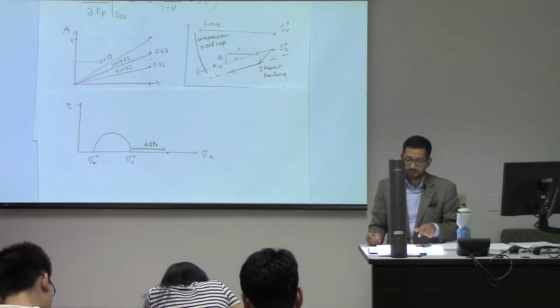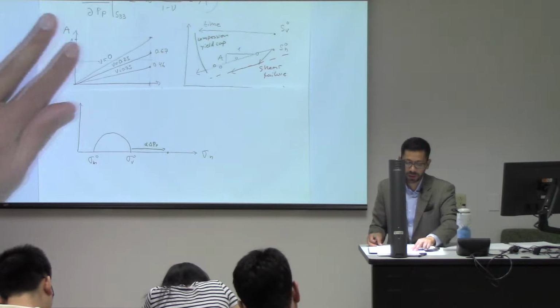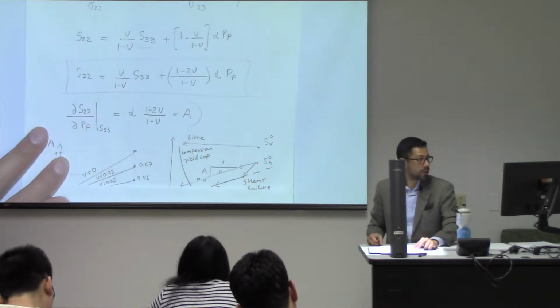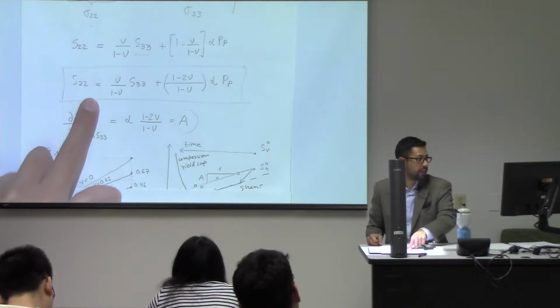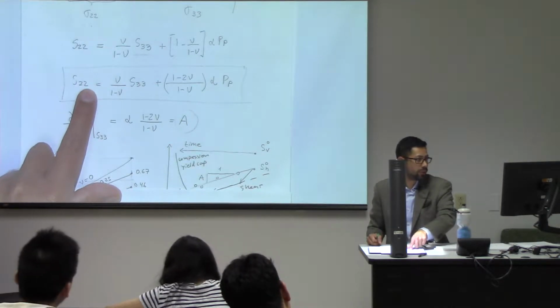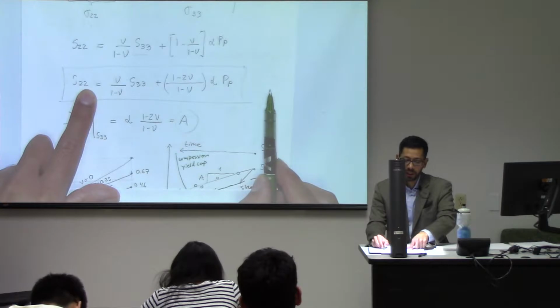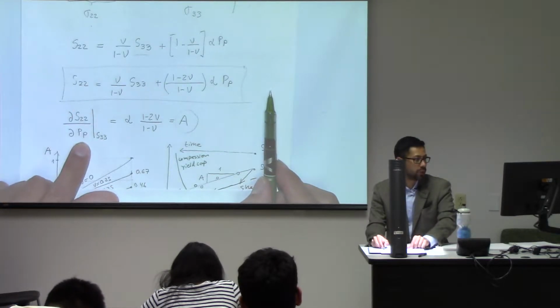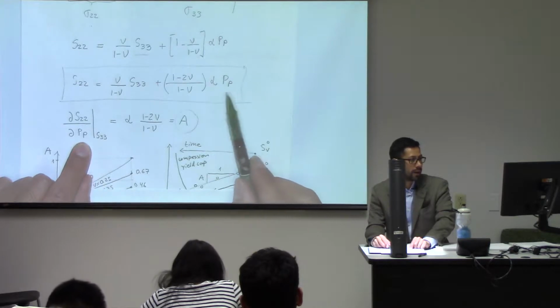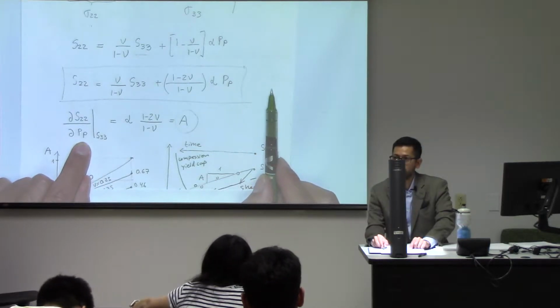And if you change the pore pressure, imagine that now we have here S22 minus alpha pp, so there will be minus alpha pp here. If we take the derivative of that with respect to pressure, that will be A minus 1, right?